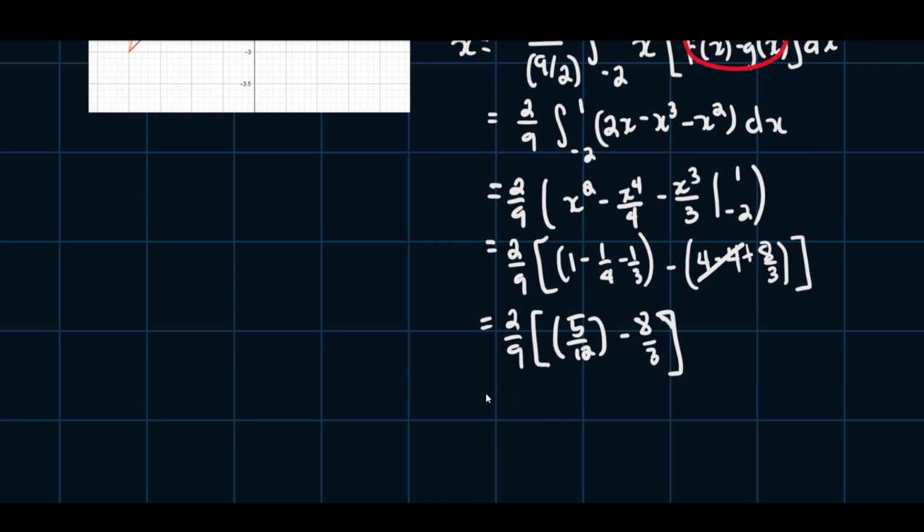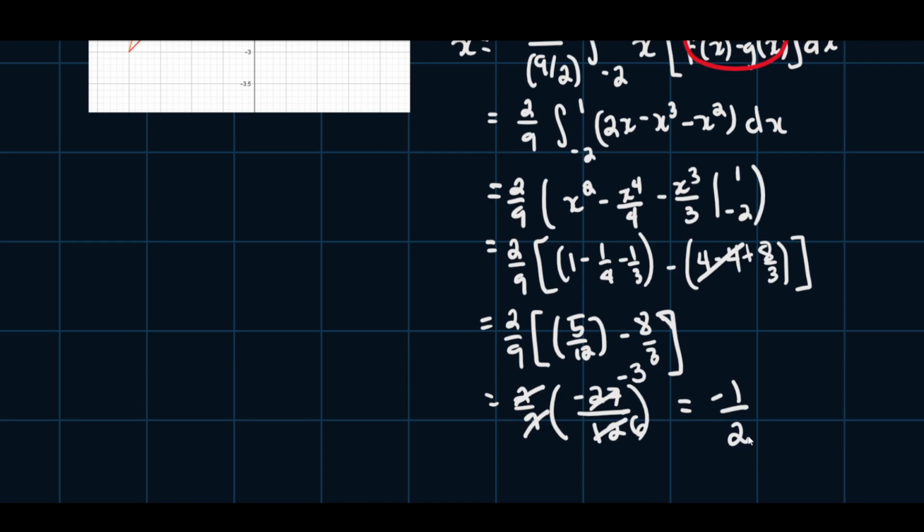When simplified, this is 2 over 9 times 5 minus 32. So, negative 27 over 12, which will give us negative 3 over 6, or negative 1/2.